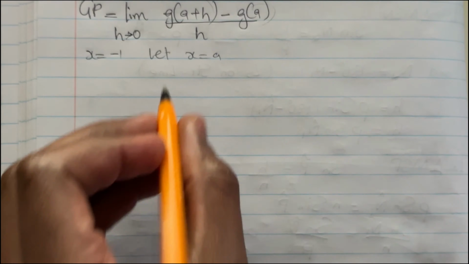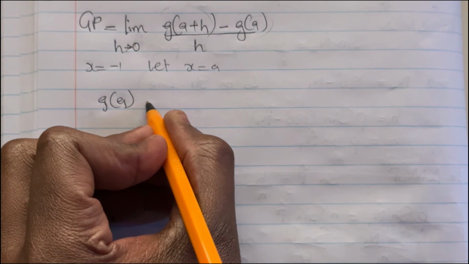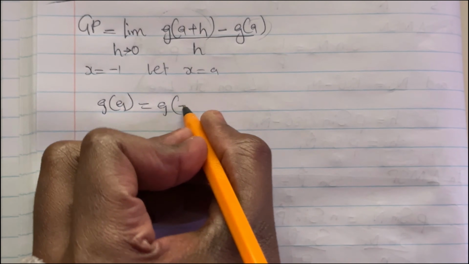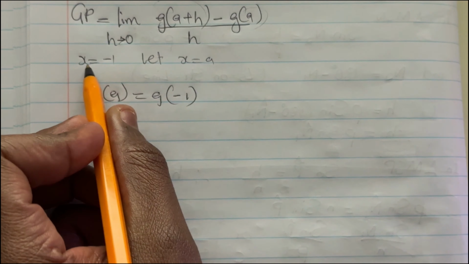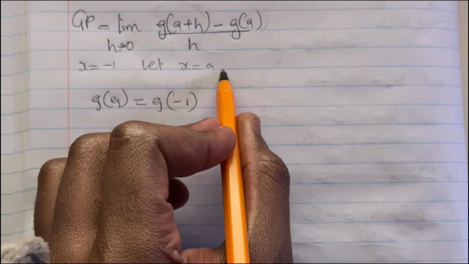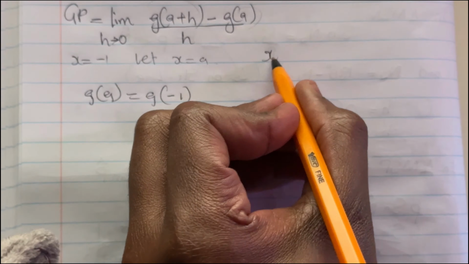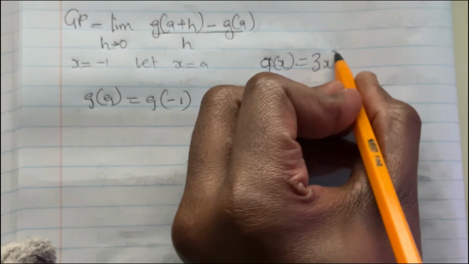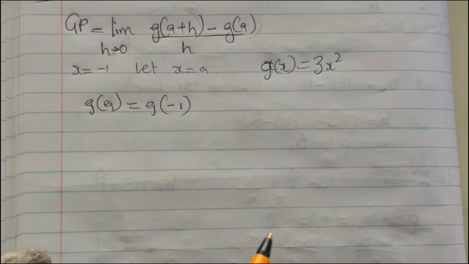To substitute this, we have g(a) is going to be g(-1), right? Since we let x be a, and we know that our equation is g(x) equals 3x squared, we just have to put a in terms of x.